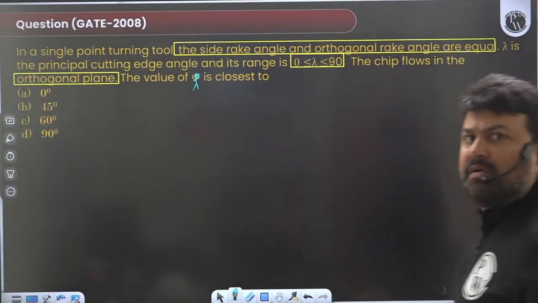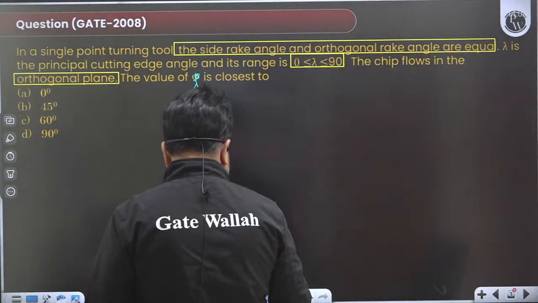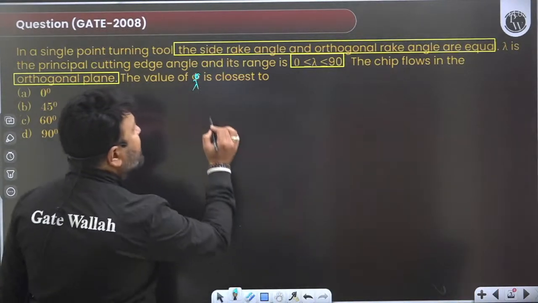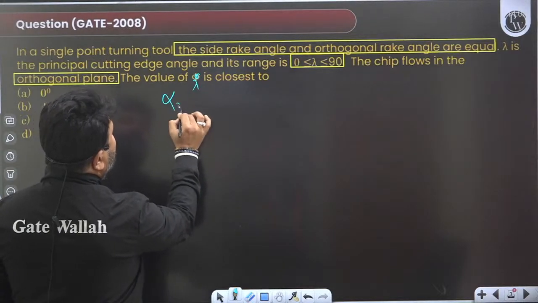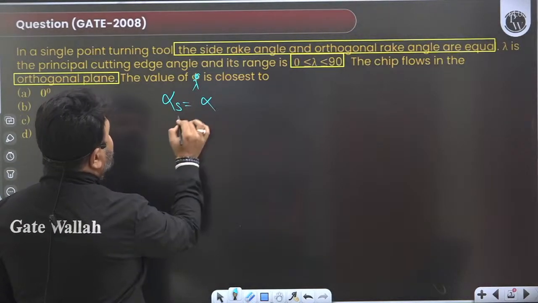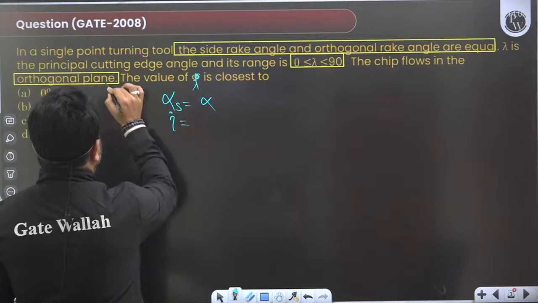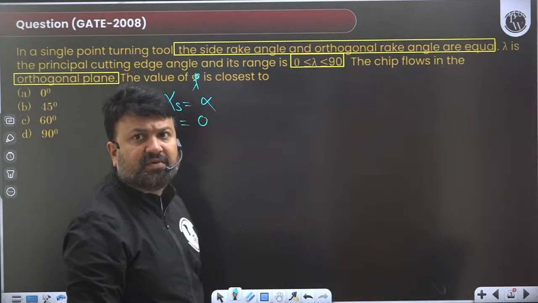Now here it is given that side rake angle alpha s equals alpha, and the chip flows in the orthogonal plane, so inclination angle is 0.